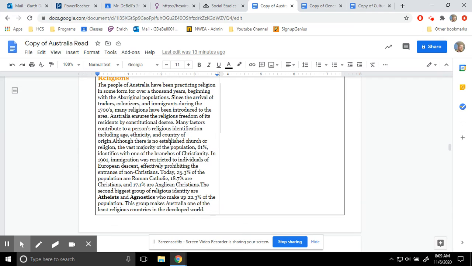So, although there is no established church or religion, the vast majority of the population, 61%, identifies with one of the branches of Christianity. So, 61% of the population is somewhat Christian, of one flavor or another. 25% is Roman Catholic. 18.7% are just considered Christian. 17% are Anglican Christian. So a large portion of your population are Christian. Atheists and agnostics make up 22%.